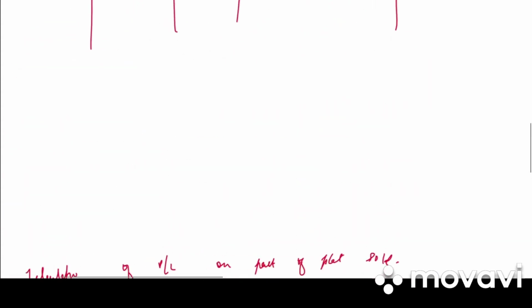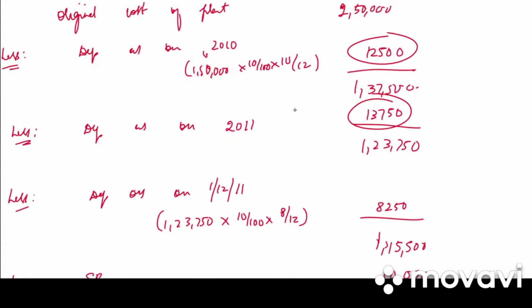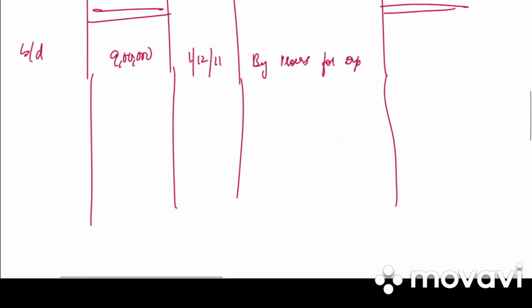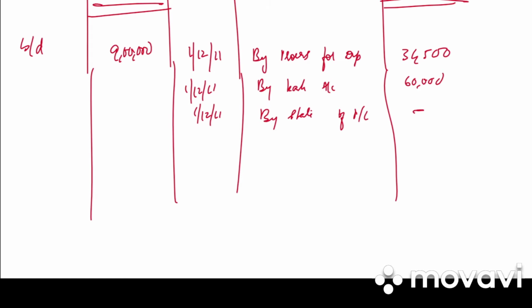So what is the provision for depreciation amount? We need to add it. It is 12,500, 13,750, 8,250, 34,500. 1st December by bank account 60,000. 1st December 2011 by statement of profit and loss account 55,500.